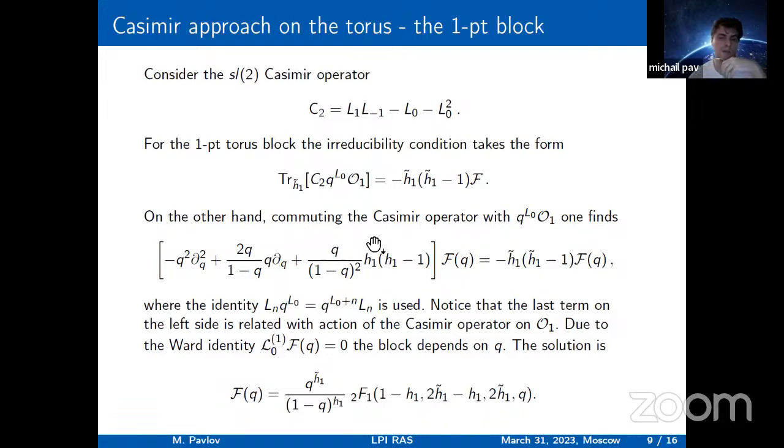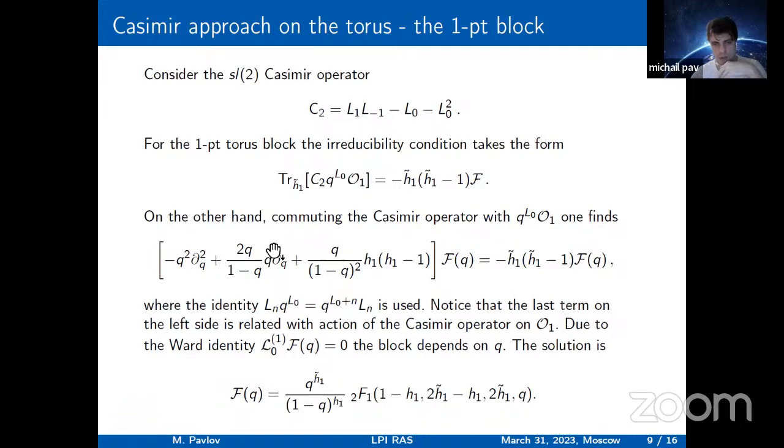This is another approach to this derivation, which is quite useful because it requires some simple operations, like commuting this Casimir operator with these two operators and looking at what we have.